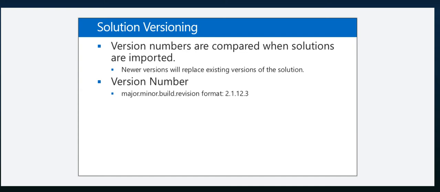And the recommended version numbering scheme is a standard major, minor, build, revision format. So you can have something there called like 2.1.12.3, for example, meaning that it's version 2 of the major versions, .1 because it's a minor version, build number 12, revision number 3, and growing in that order.